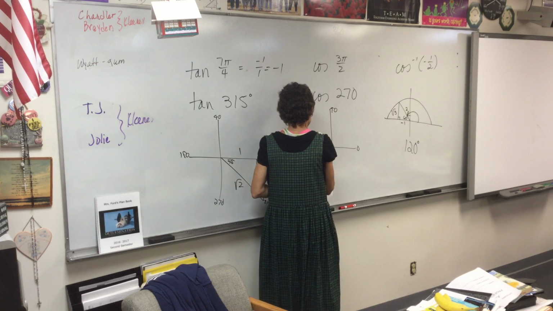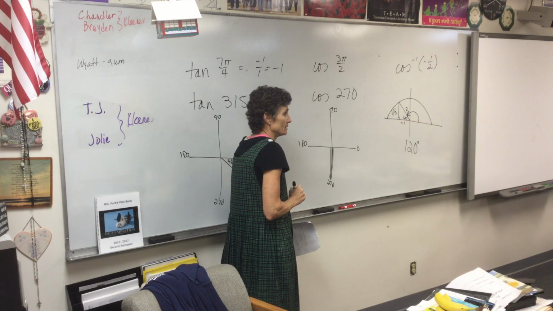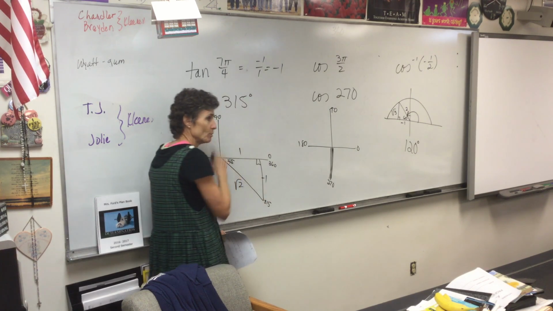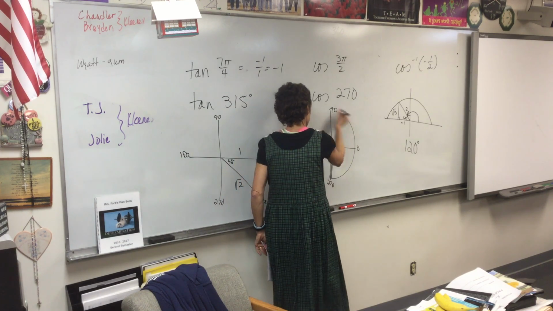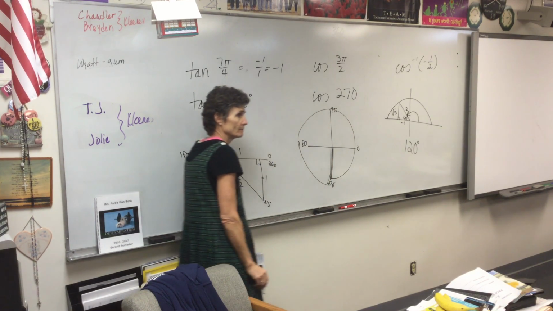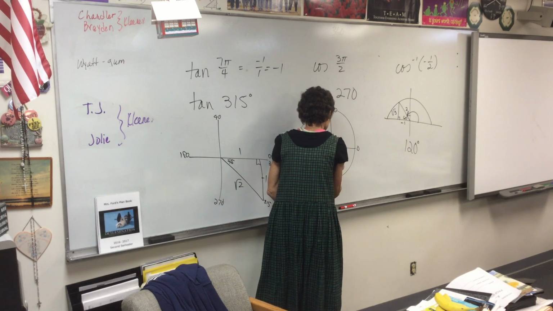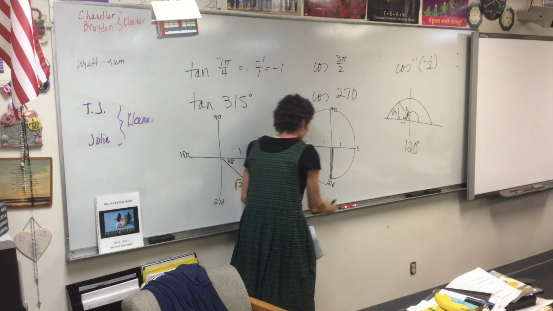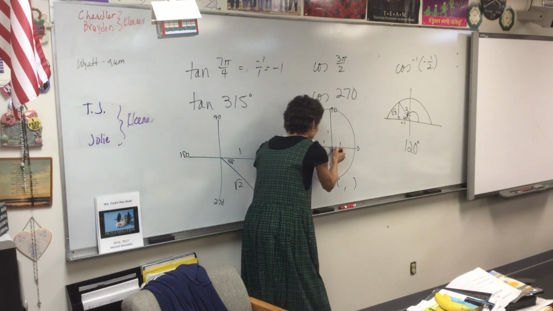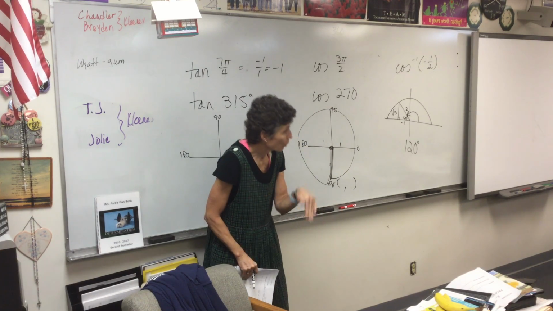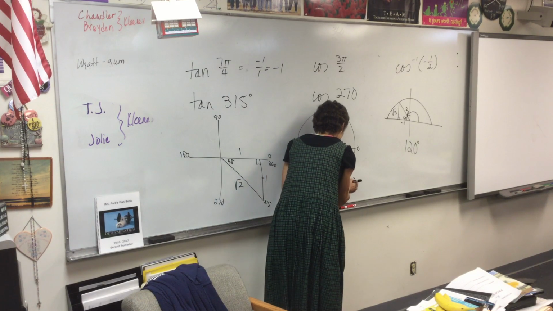270 is here. I cannot butterfly bow tie it if it's on a line. So I gotta think about the circle with a radius of 1 and figure out what that point is down there. So here's the origin, and I'm going down 1 unit. 0, comma, negative 1.